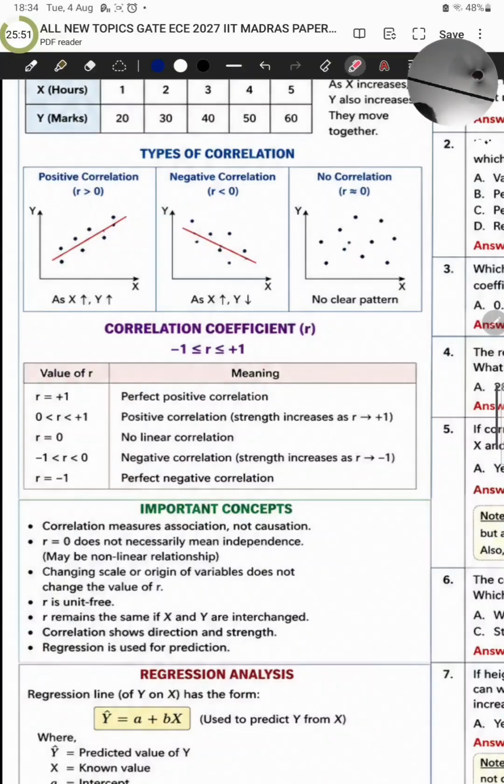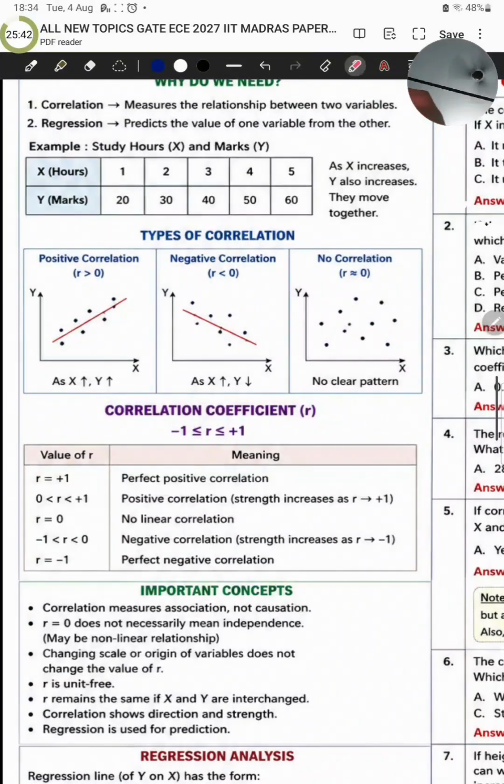Now an important concept: correlation measures association, not causation. Correlation is the measurement of association only. These are seen in experimental data; it is not that if hours are less, then marks will be less. There can be an intelligent student who studies just 1 hour and gets even more than 60 marks.